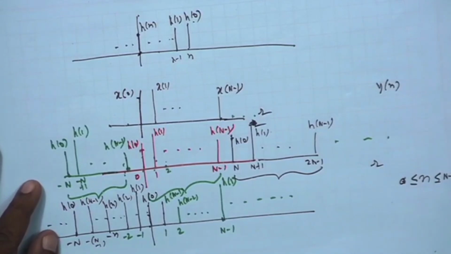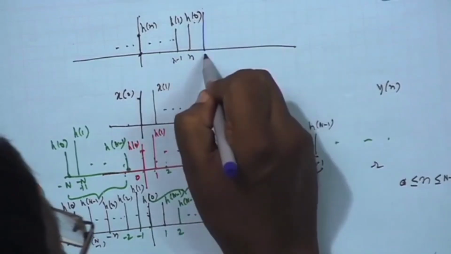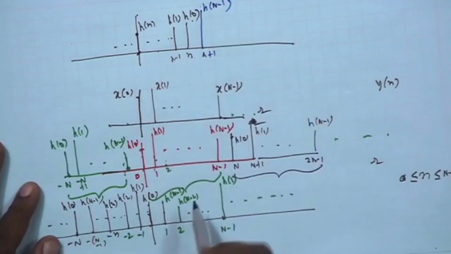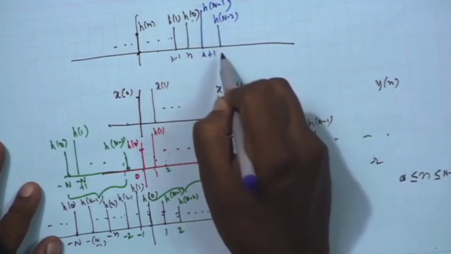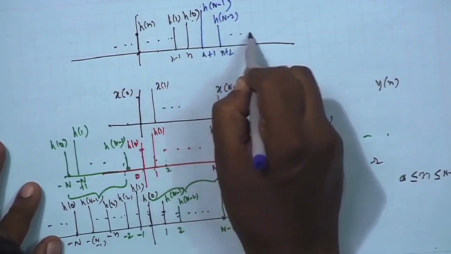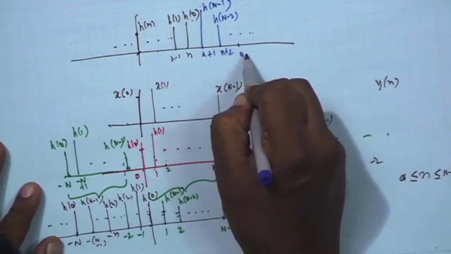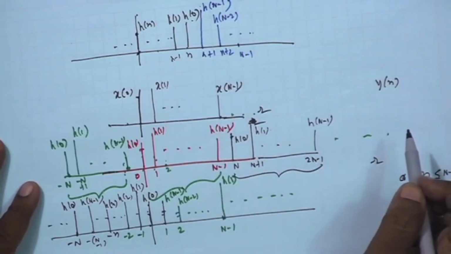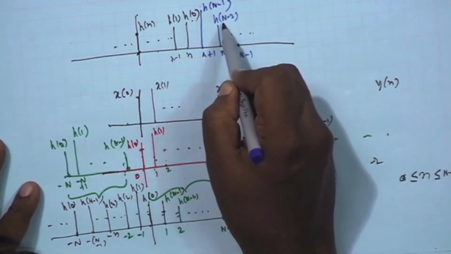So, Hn minus 1 will be here, this one, then this one, at n plus 2, dot dot dot. At n minus 1, who will go? Capital N minus 1 came at small n plus 1, capital N minus 2 at small n plus 2.